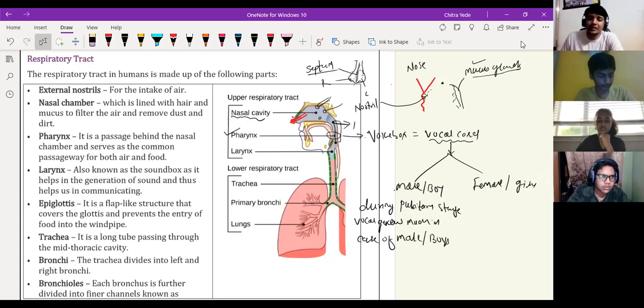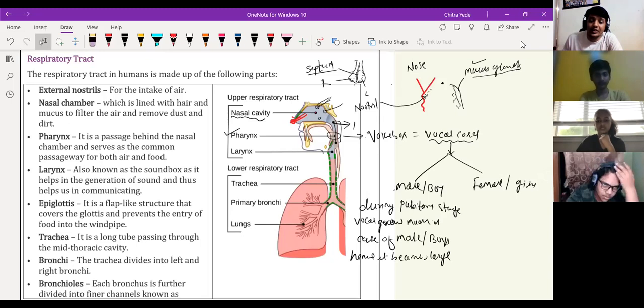That's why its size increases and hence it becomes large. That's why it is called the Adam's apple. Hence the so-called Adam's apple.